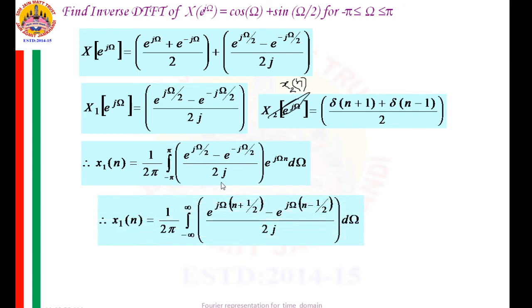So this 1/2j you can take outside also. This is e raised to j ohm n plus 1/2 minus e raised to j ohm n minus 1/2 d ohm. Now this is not minus infinity to plus infinity, this is minus pi to plus pi integration. Okay.